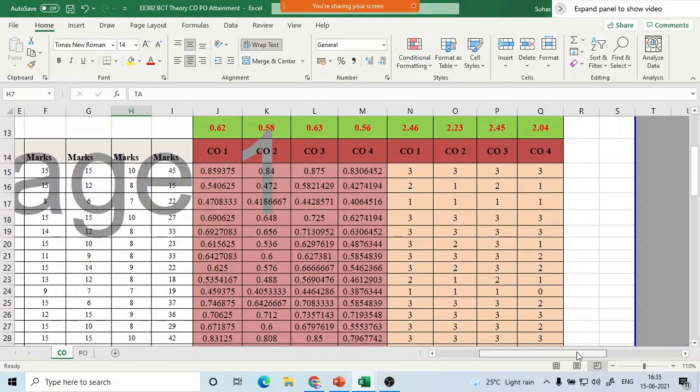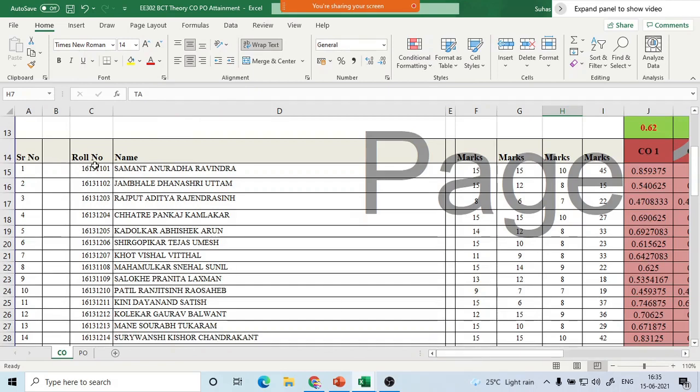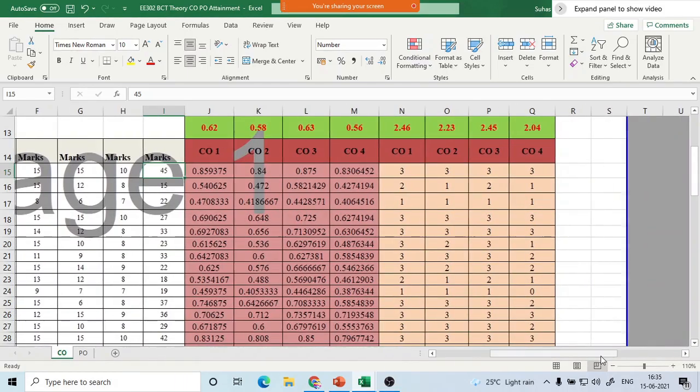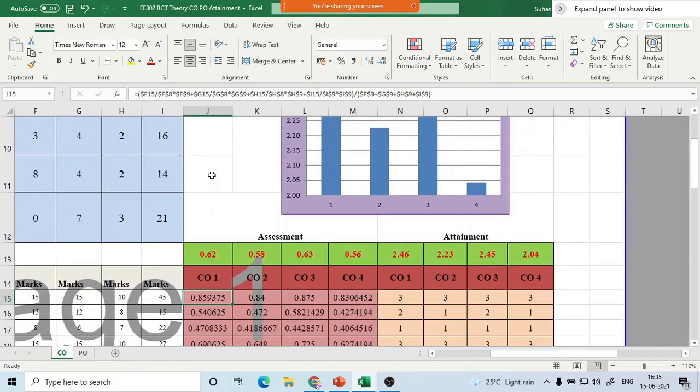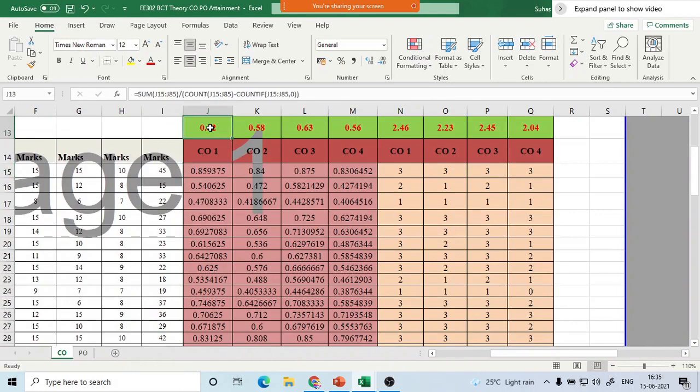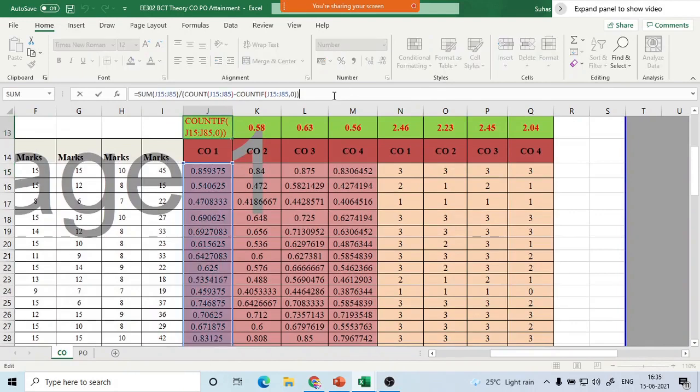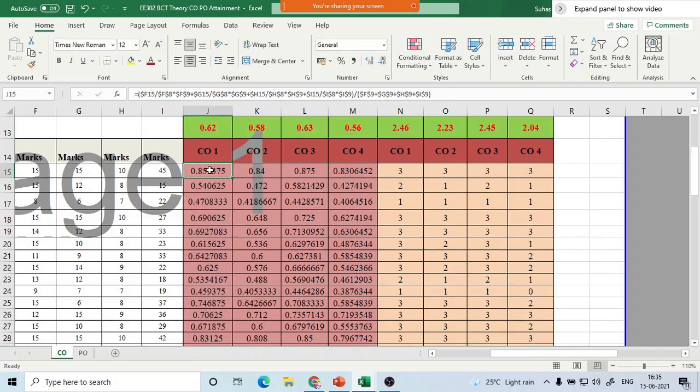Here you can have the roll number, student name, and what they have acquired: CT1 mark, CT2 mark, then TA mark, and then final end-sem marks. Out of that, you know that CO1 is contributing this much. So I create a sum of all these numbers and divide by this total, and then map it onto the 1 to 3 scale.